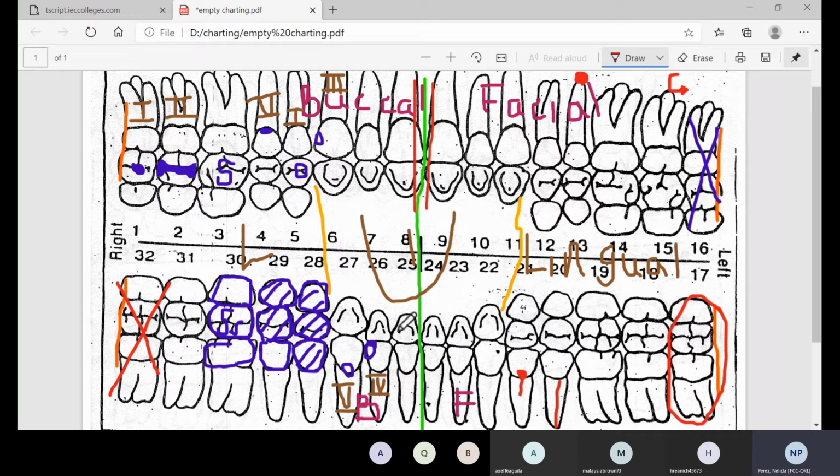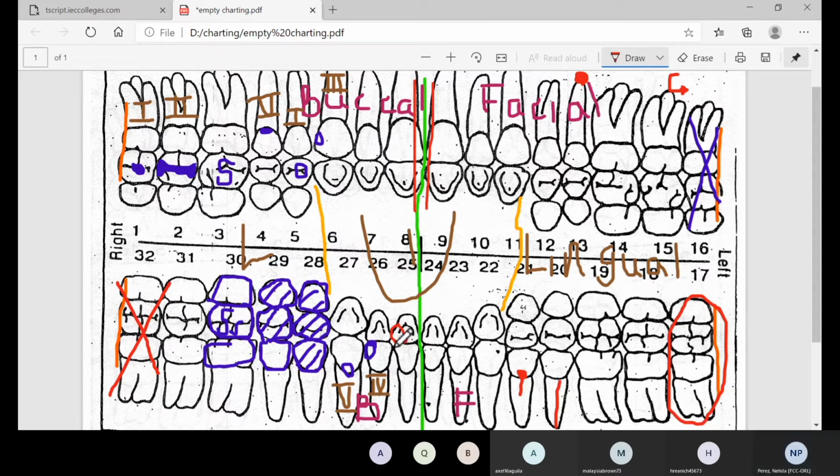So this would represent right here. Can somebody tell me furthest away is what? What surface? No, furthest away from the midline. Distal. Yes, so distal. And the edge of the tooth is called what?